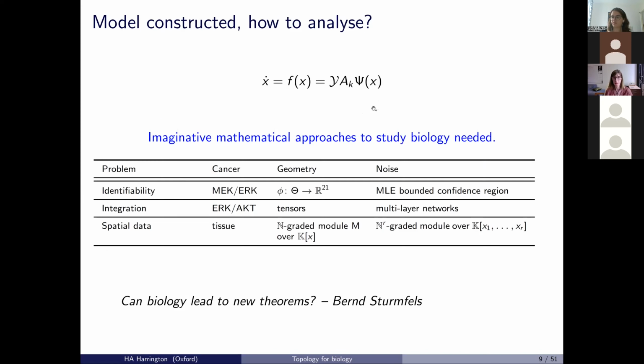And then the second thing I'm going to talk about is data integration. How do we start putting different types of biological data together? The geometry of that is looking at tensors. These are multi-indexed, higher generalizations of matrices. Many of you are probably very familiar.